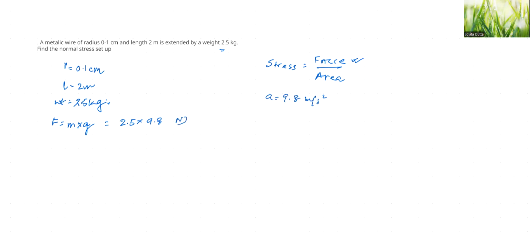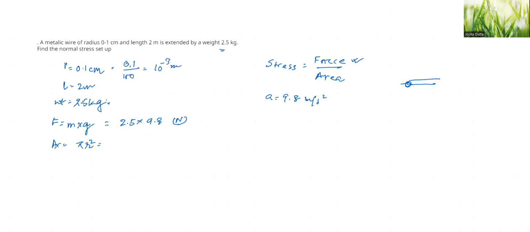Next, coming to area. What is the area of contact? If this is the rod, then this circle is the area of contact. So pi r square. R is 0.1 centimeter, to convert into meters divide by 100, so 10 raised to minus 3 meters.